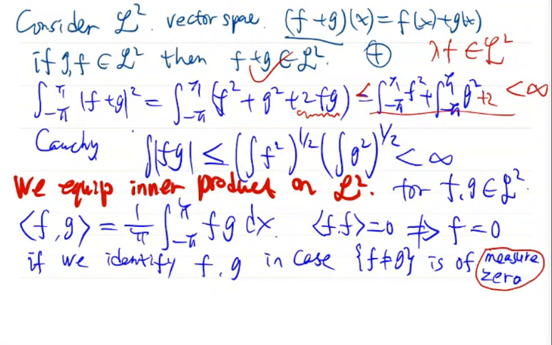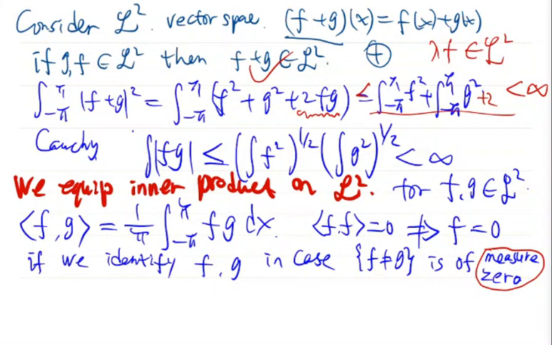Roughly speaking, this means that f is almost equal to g. They are different at maybe, for example, finitely many points, because changing the value of the function at a very small number of points does not affect the integral.